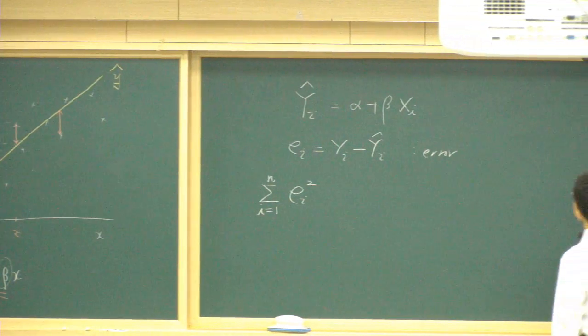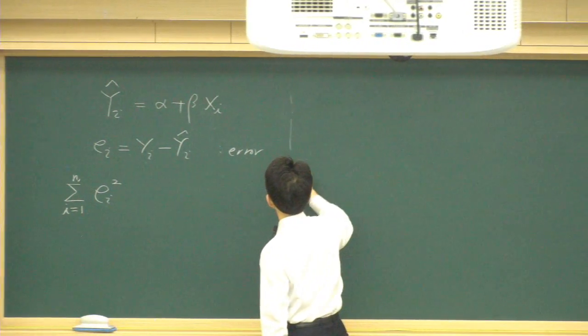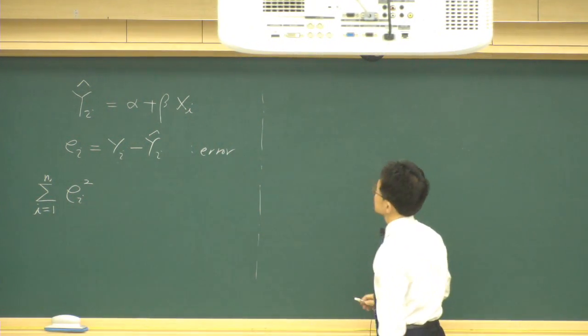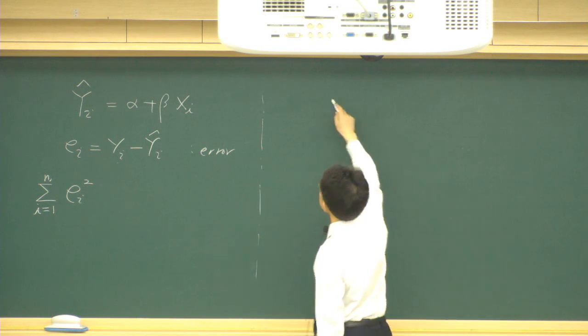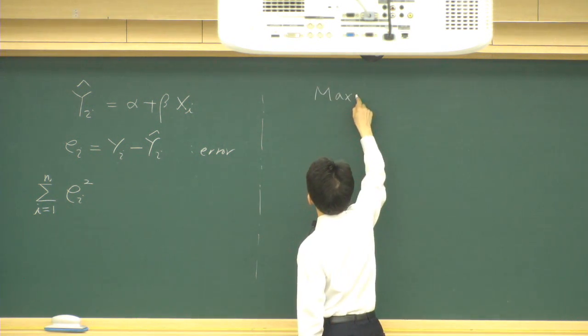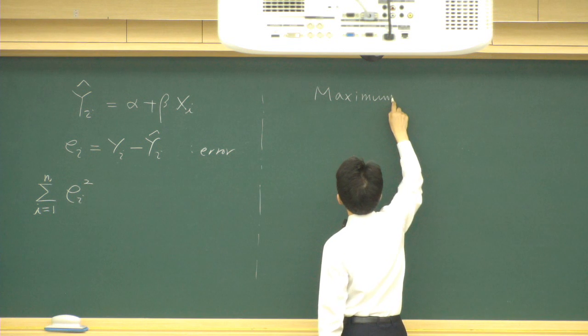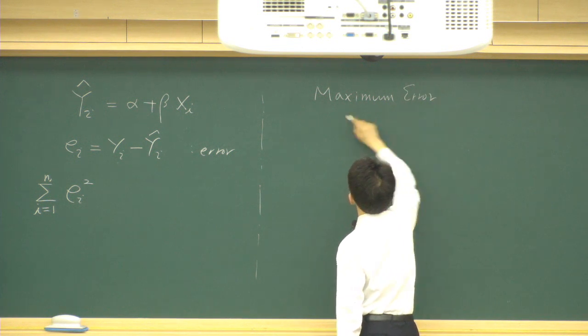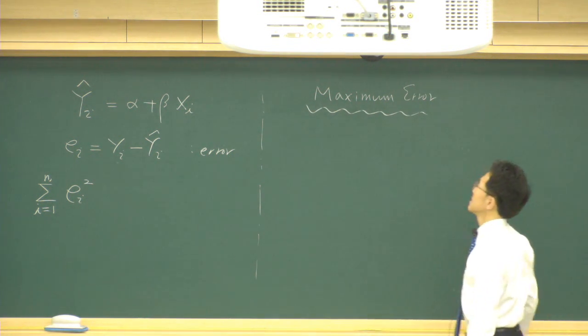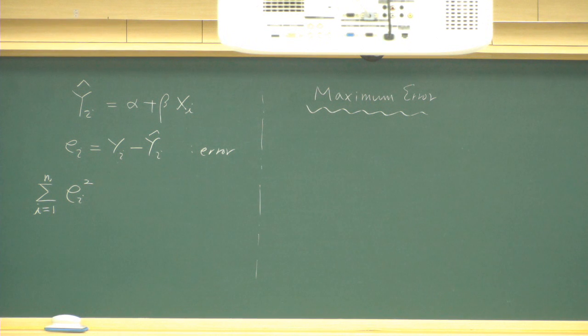Now, I want to think about this concept. What is the maximum error I will make? In other words, what is the maximum error I will make if we do not use the regression analysis?